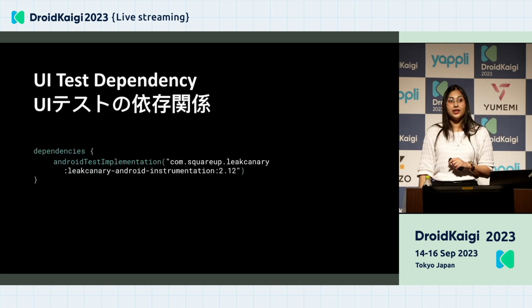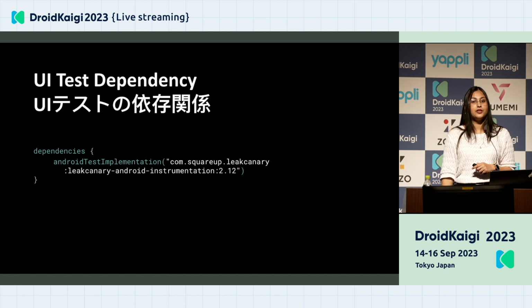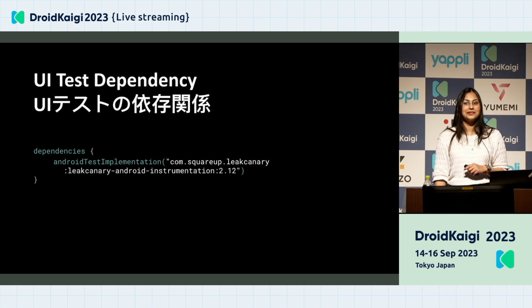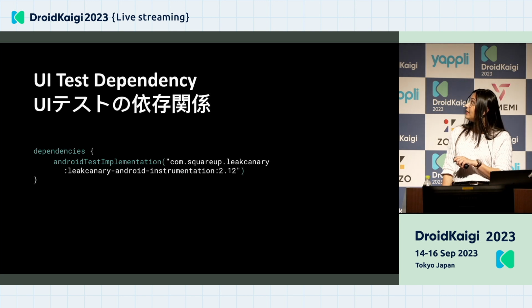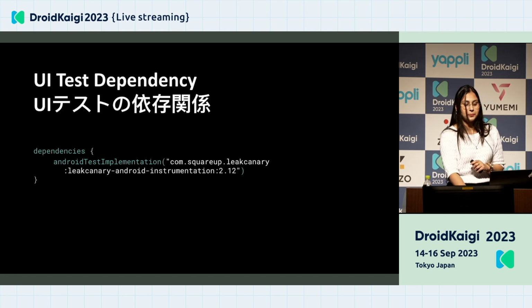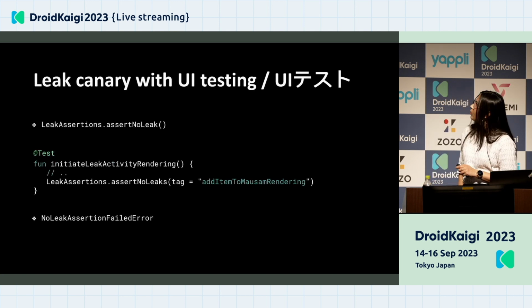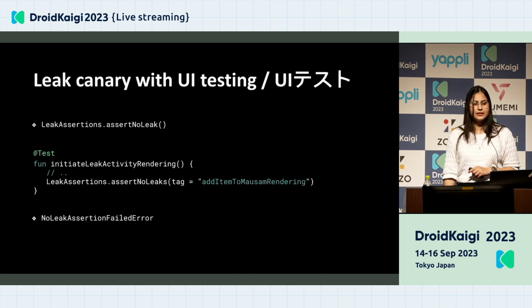This is something which really interests me, because any feature development is not complete until we have testing implemented. So LeakCanary 2 now has an artifact that can help you detect leaks in your testing cycle itself. If you add this dependency, it will take care of it. So let's try to integrate LeakCanary with our UI testing. It's pretty simple.